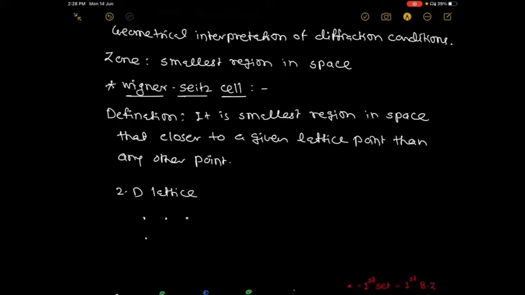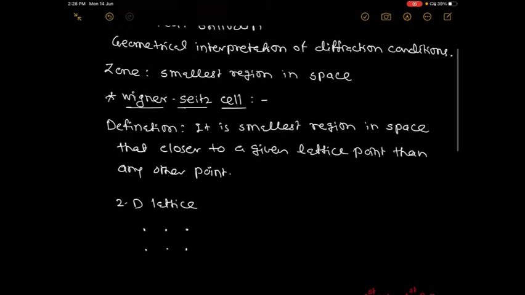This geometry shows the lattice points. We choose the center point as the origin, and from that origin we select the closest points.